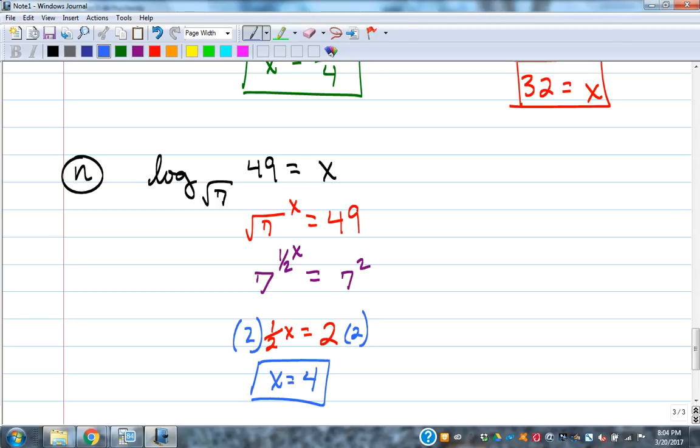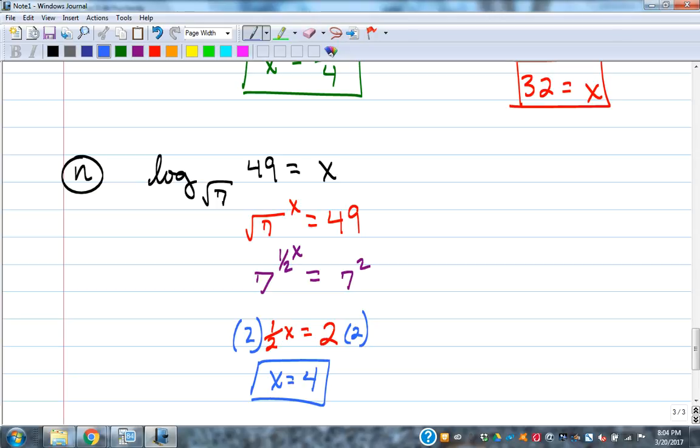And if you look at the inverse properties, that third line, that's what we've been employing so far. The next thing we're going to look at is some product rules, quotient rules, and power rules with the logarithmic things.